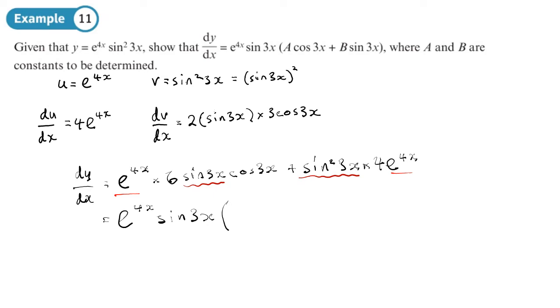So to get those terms there, I would need to multiply by 6 cos 3x, and the second term would need to be multiplied by 4 sine 3x. That would work. So I found the values of A and B. A is 6 and B is 4. So that is now done.